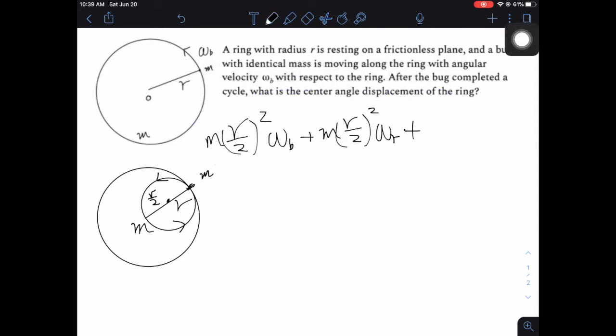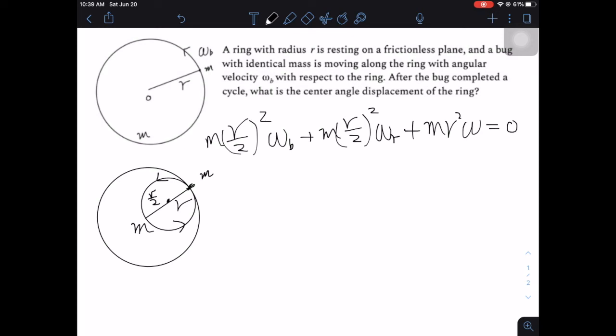Then we also need to consider the angular momentum of the ring itself. It's also rotating, so we have m r squared times omega, where omega is the angular velocity of the ring rotating about its center. And that will be equal to 0. We know the two masses are the same.